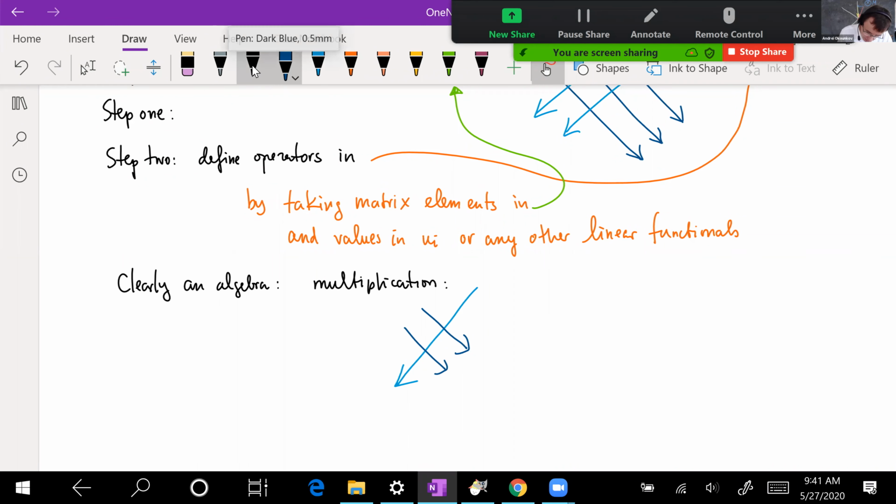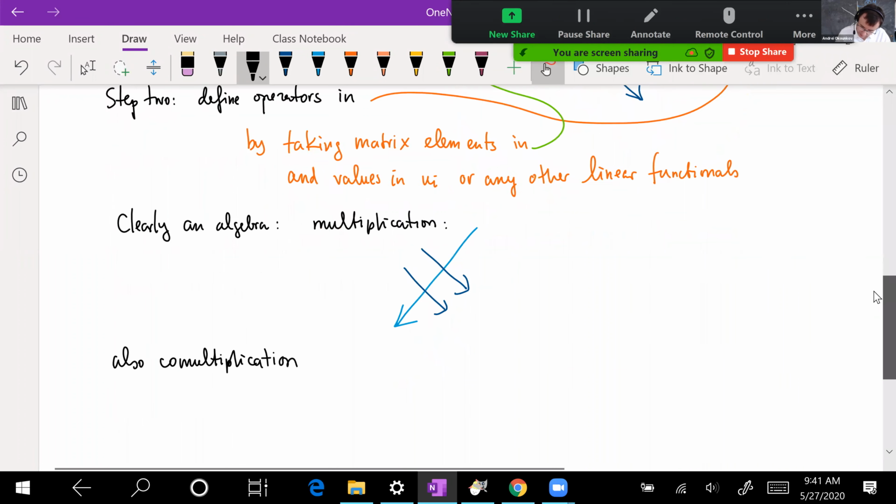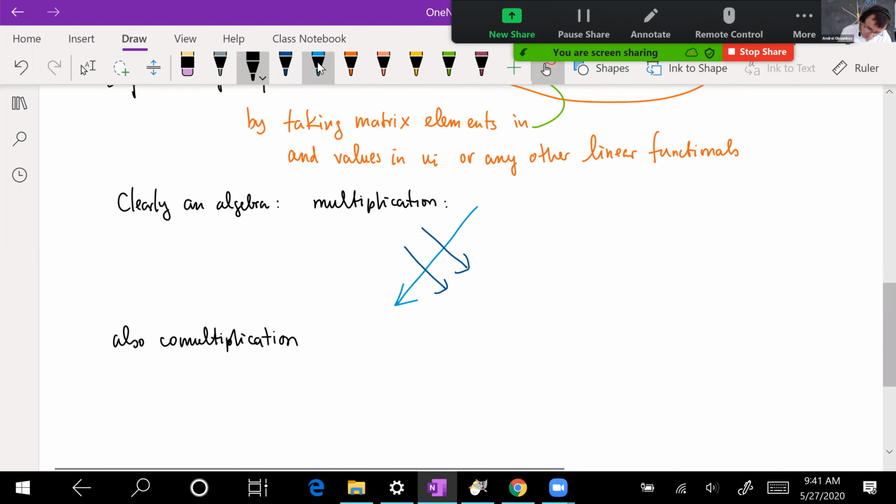But it's also a co-algebra. There's also a co-product, a co-multiplication. By saying, well, how can I make two operators out of one?